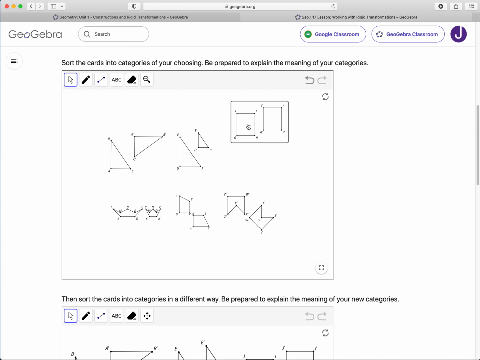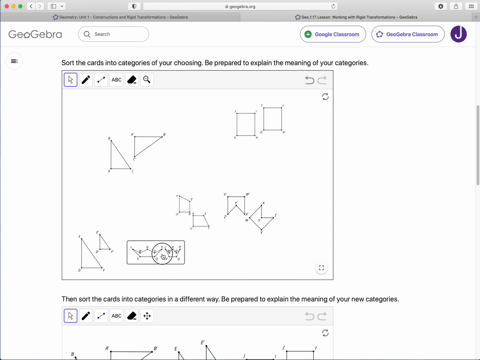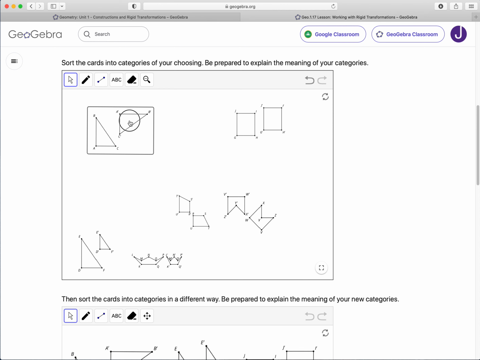Okay, well, I see some stuff that's not rigid, right? This is not a rigid transformation because it changes the size. So that, we'll put that over here. This is also obviously not a rigid transformation because it gets all stretched or squished or whatever. This is a rotation with some maybe translation, a slide and a turn.